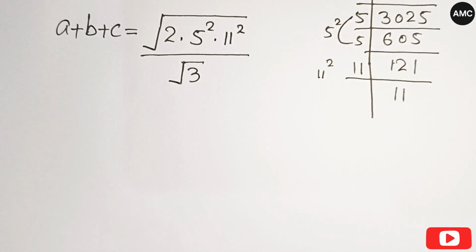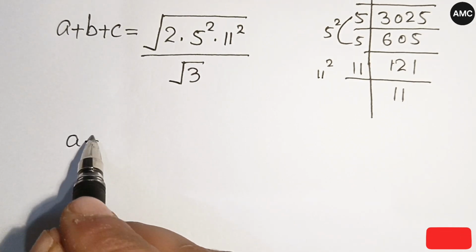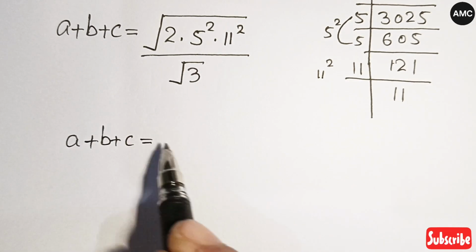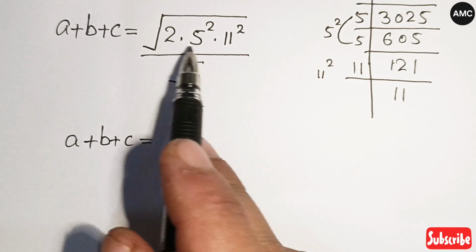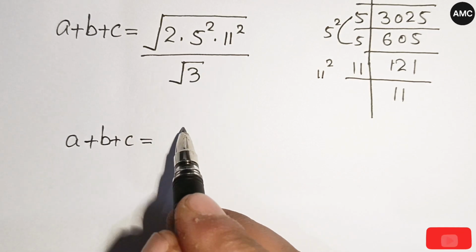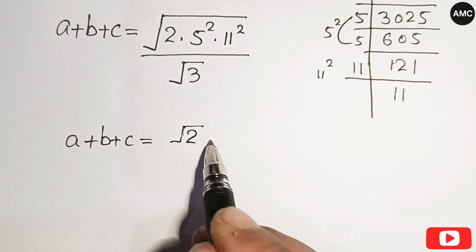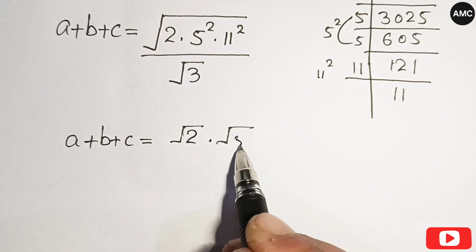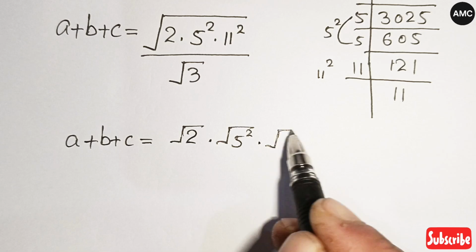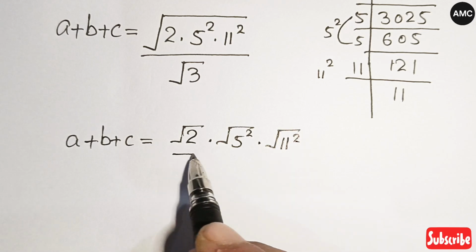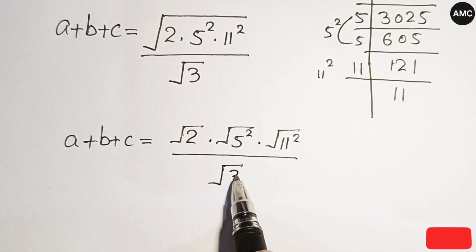Now our next step will be a + b + c is equal to, if we just write these terms separately under square root, so we get square root of 2 times square root of 5 squared times square root of 11 squared all over square root of 3.